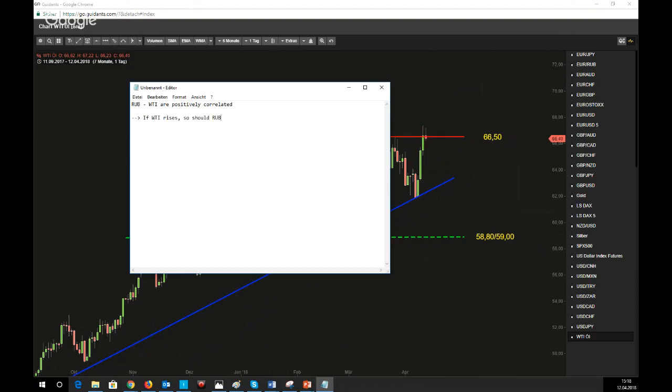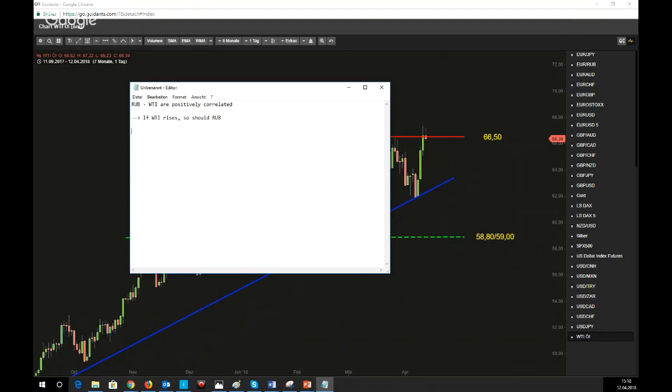Now the thing is that WTI rose, probably because of the fears around military escalation in Syria, but the Russian ruble didn't. And the interesting thing is that I was thinking about a so-called hedge trade, where currently it seems as if Euro-Russian ruble and WTI are disconnected, but this divergence needs to come together again sooner or later.